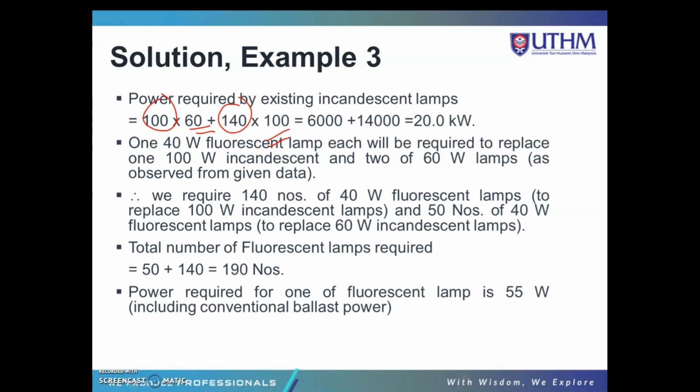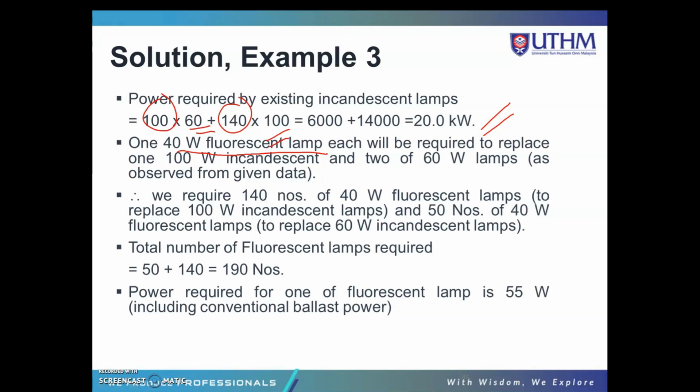So you get 20 kilowatt for the power required by these existing incandescent lamps. Okay, now we want to replace it with the fluorescent lamp. So one 40 watt fluorescent lamp will be required to replace a 100 watt incandescent lamp, and 2 of the 40 watt lamps to replace 60 watt lamps, as observed from the given data.